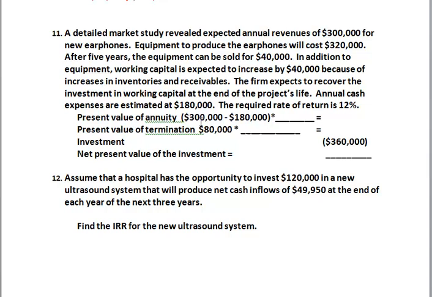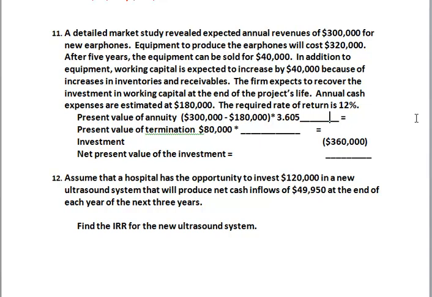Basically, your annuity would be receiving the $300,000 every year for a period of years, minus the $180,000 of expenses. So that's going to be what you would receive every year.